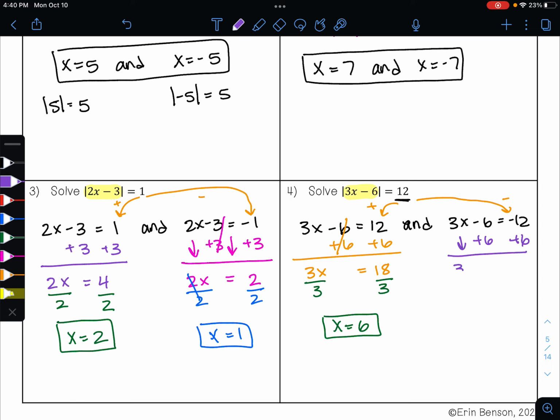Bring down my 3x, negative 6 plus 6 is 0. Bring down my equal sign, negative 12 plus 6 is negative 6. How do I undo multiplication? Division. So I'm going to divide both sides by 3 and get x is equal to negative 2. So both of my solutions are positive 6 and negative 2.